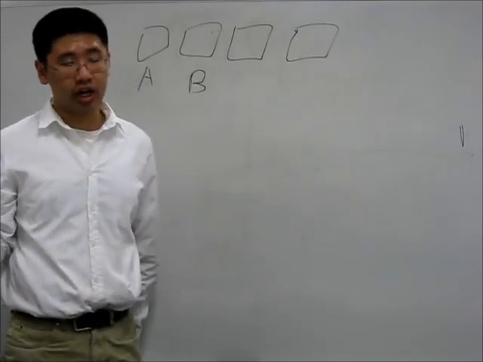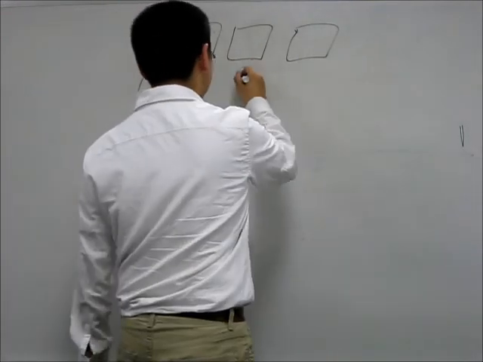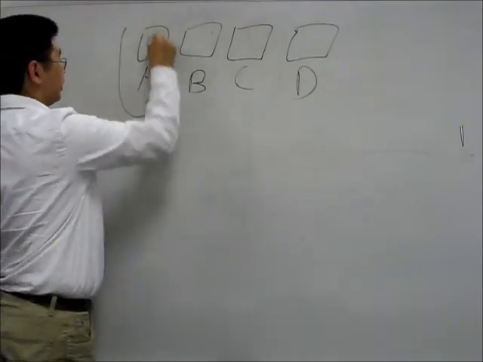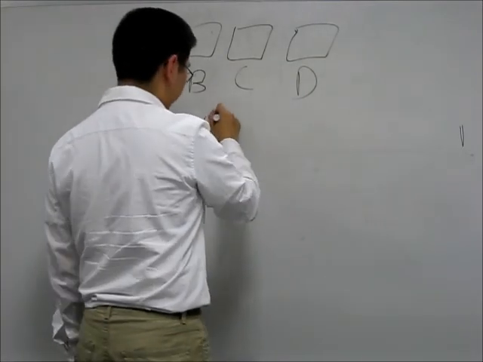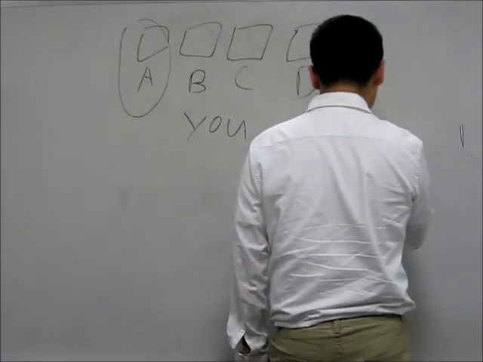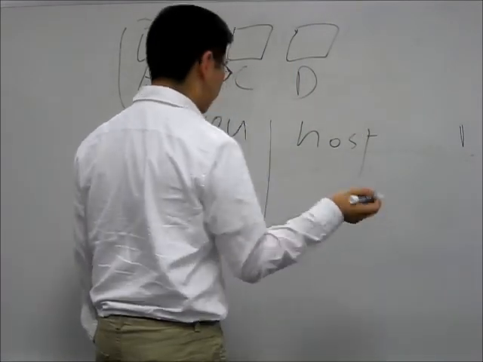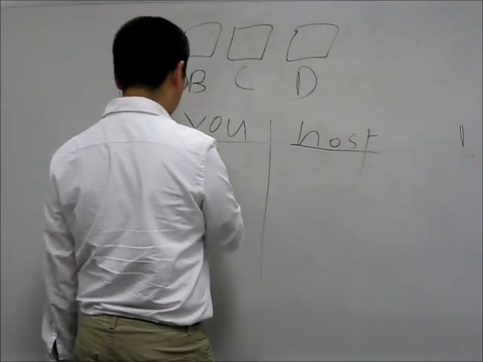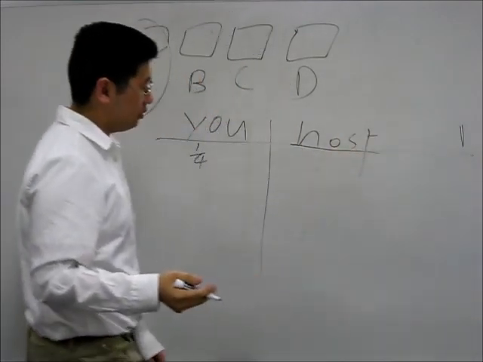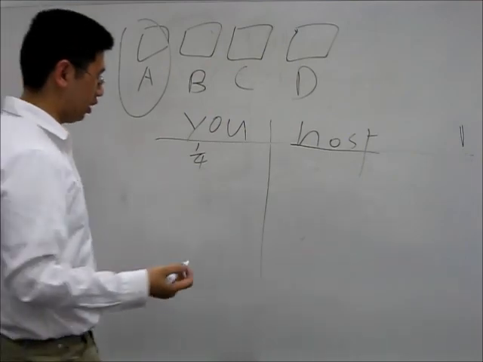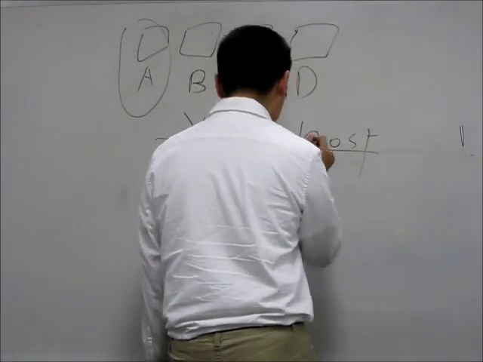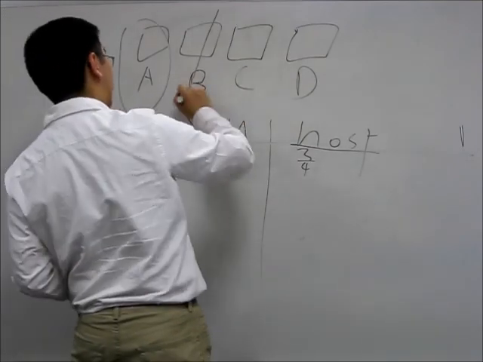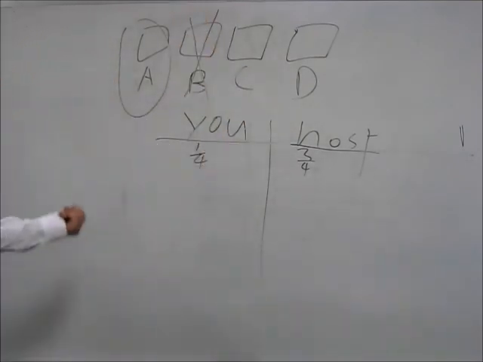There's only 1 car and 3 goats. So let's say you pick A. Now if we draw a chart again, the probability of you having the car is 1/4, while the host having the car is 3/4. Now the host says, I'm going to take one away, and I'm going to tell you that there's no car in B.